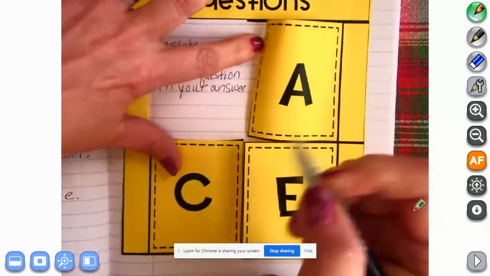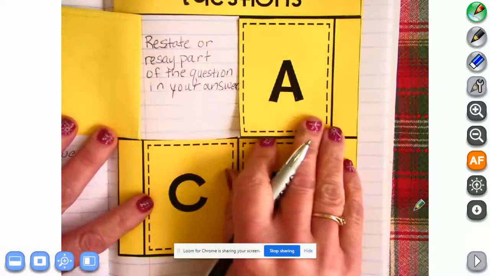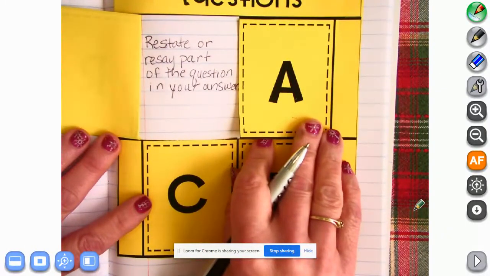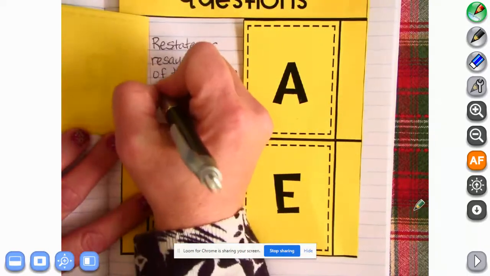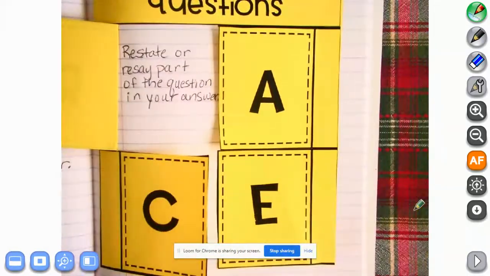So we're going to have to go right under that. Restate or re-say part of the question in your answer. Now I know it's right here. So if you need to, you can look at your book to keep copying it.